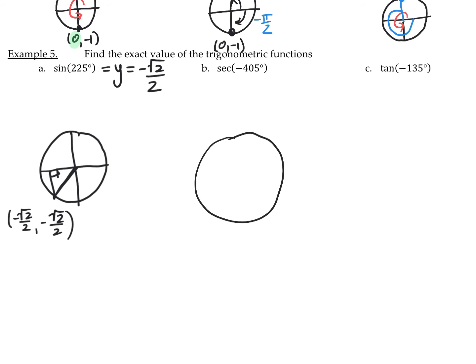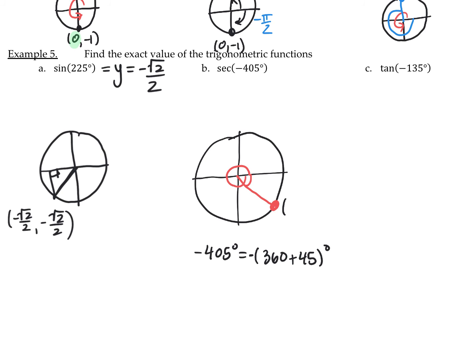Okay, secant of negative 405. So I know that negative 405 is the same thing as doing 360 plus 45, but making it a negative. So if I went a whole 360 and then another 45, I would land right here. So it's coterminal to 315 degrees.